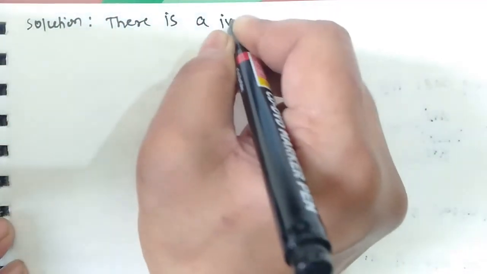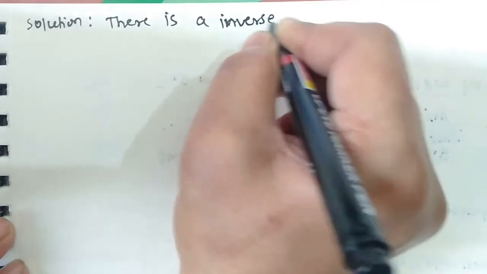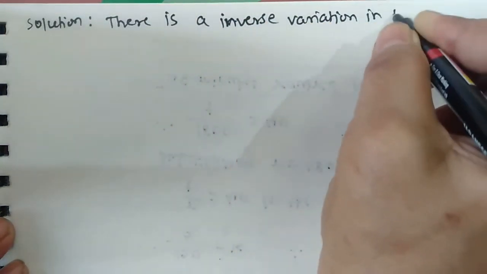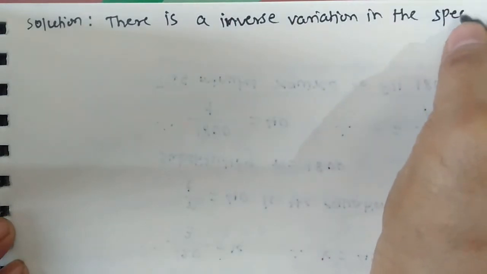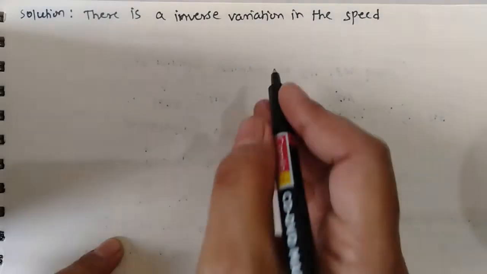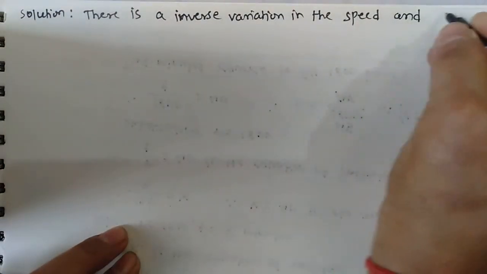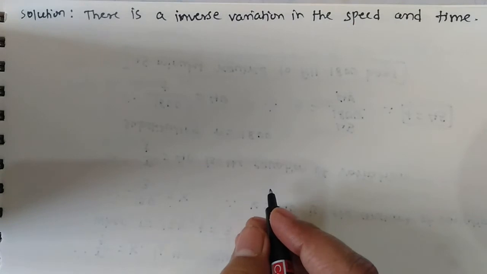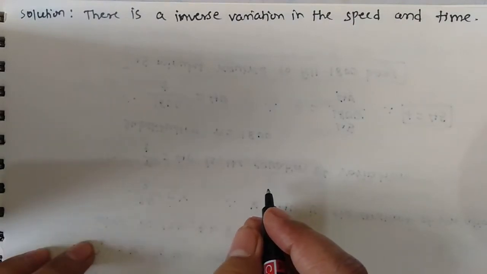There is an inverse variation in the speed and time. So let us assume the letters for these both quantities.